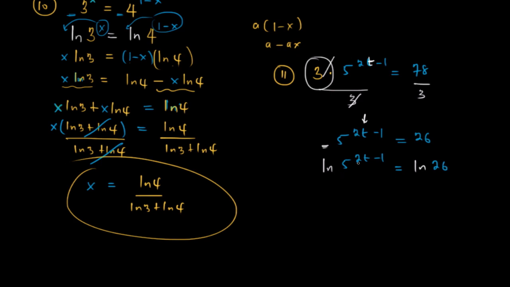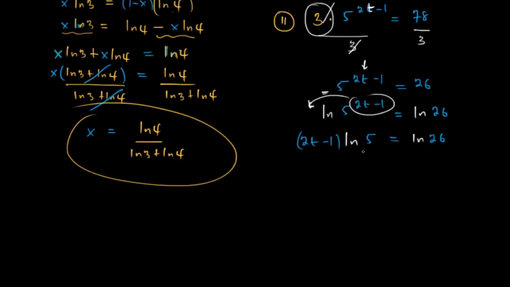So again, when you carry out the natural logarithm, it displaces what you have here. So this comes here, it becomes the coefficient. So you're going to have 2t minus 1, then the ln of 5, equals the ln of 26. So this is a number, and you want to expand.